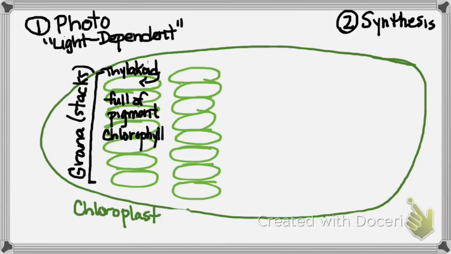Okay, so we know that we are in a photo reaction, a light-dependent reaction. So we're going to need sunlight in some way. So I want you to go ahead and draw your sun. Okay, so here's our sunlight up here.